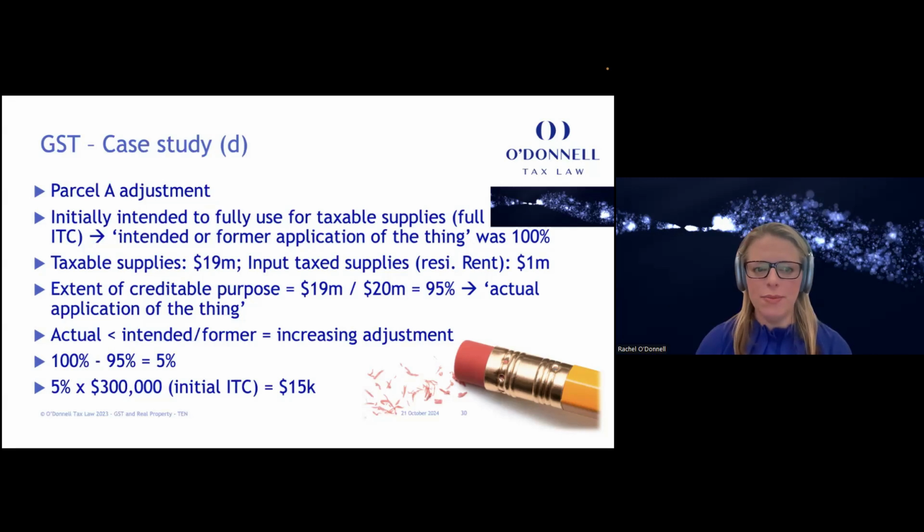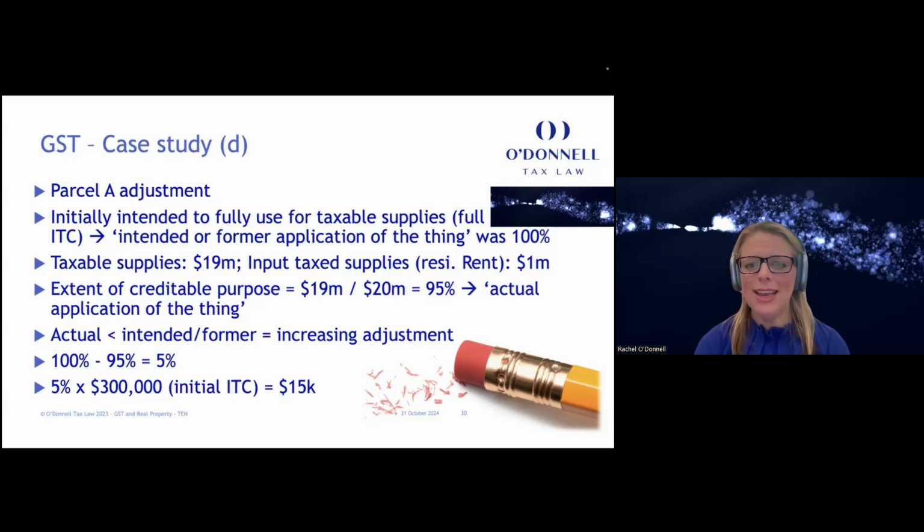So that gives us a 5% adjustment. 5% multiplied by the initial input tax credit that we claimed gives us $300,000. And so we have an increasing adjustment of $15,000. So what that means is the taxpayer in their next BAS will need to give the ATO an extra $15,000 when it changes its intention for the use of that property.